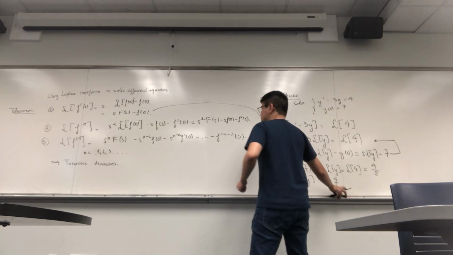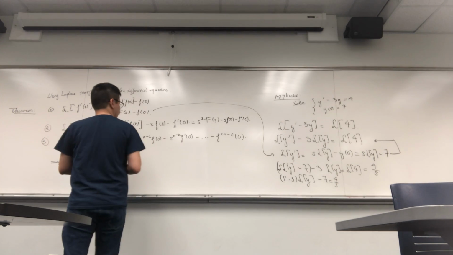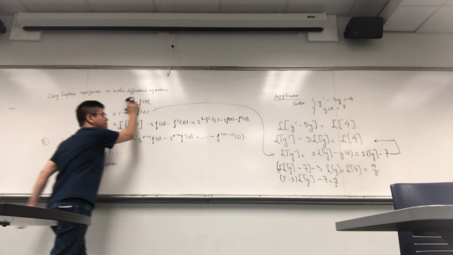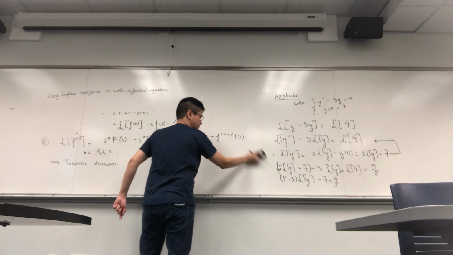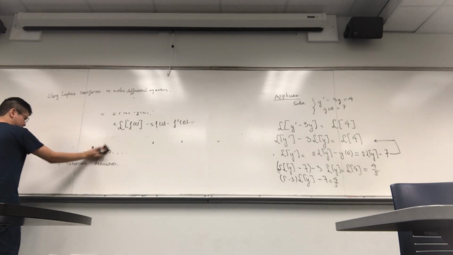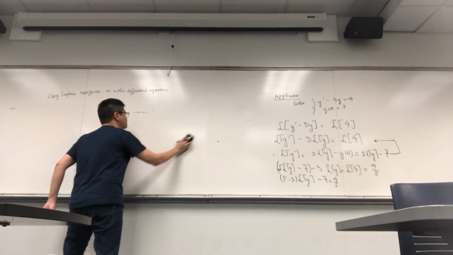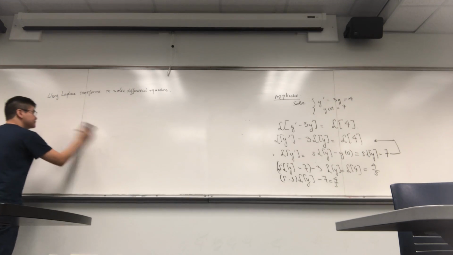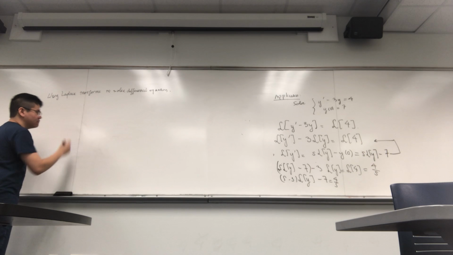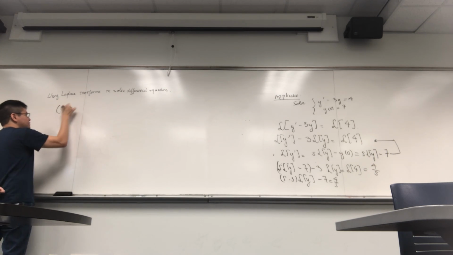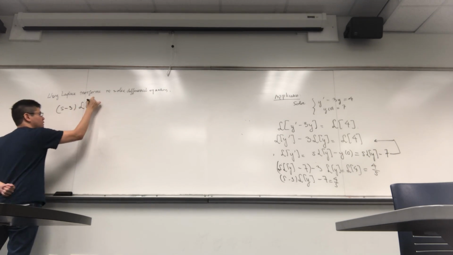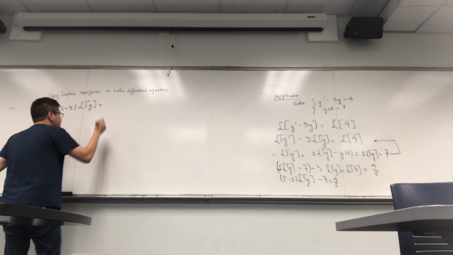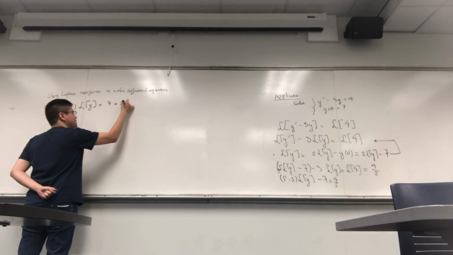So let me continue here. Now I have s minus 3 times the Laplace transform of y equals 7 plus 4 over s.